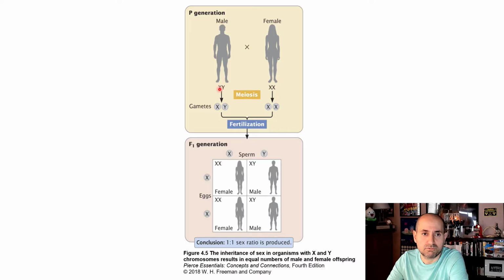When the X sperm fertilizes the female egg, which has to be X, you get a female. When the Y sperm fertilizes the egg, you get a male. So you always have a 50-50 chance of a male or a female, but it's dictated by the sperm. The sperm dictates the sex of the offspring.